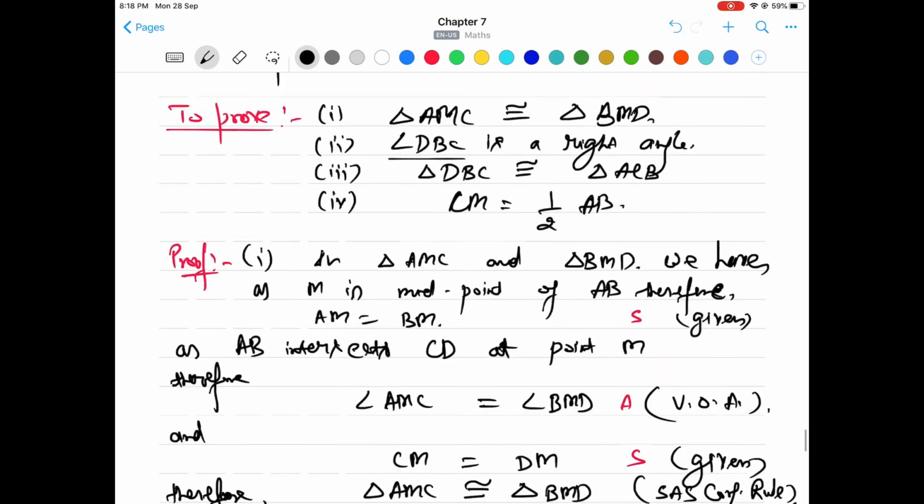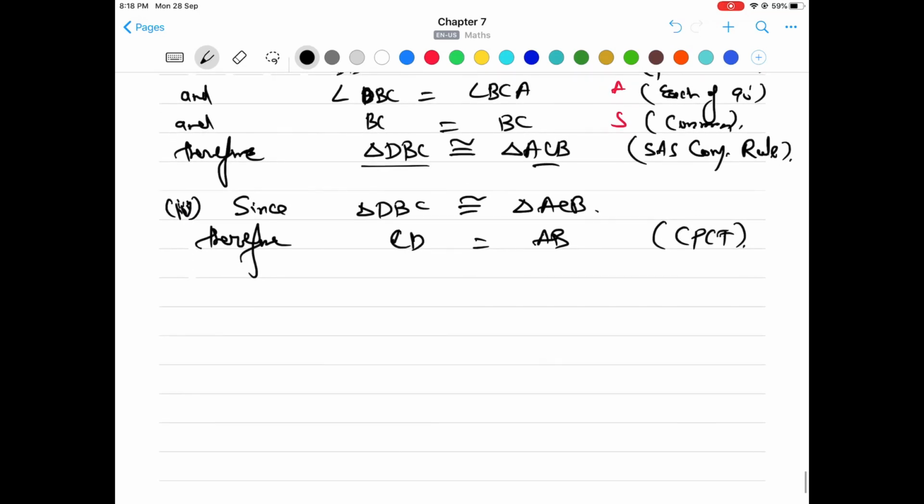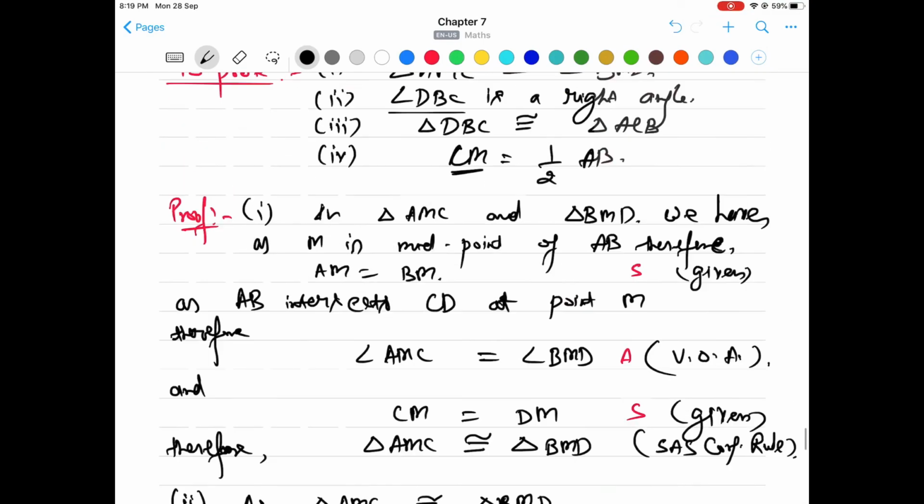Okay, so it's saying CM is half of AB. If we multiply by 1 by 2 on both sides, it will be half of CD equals half of AB, and half of CD is CM.